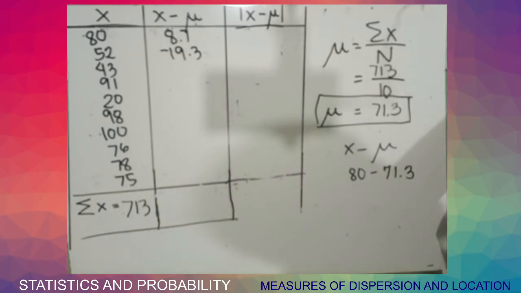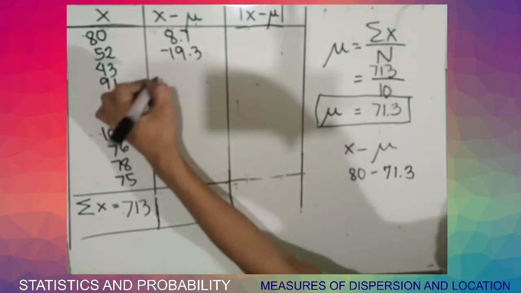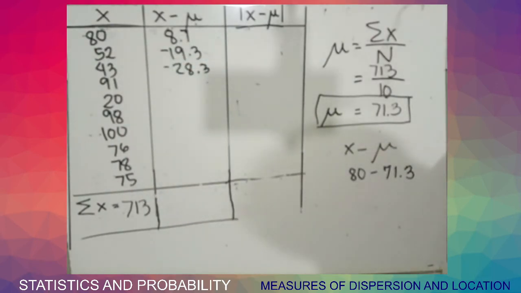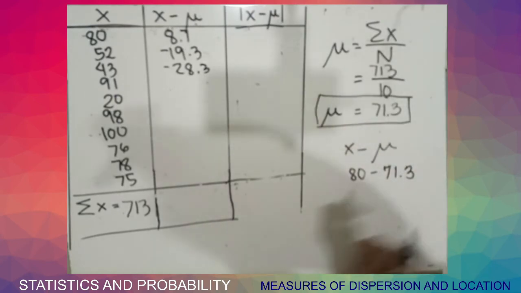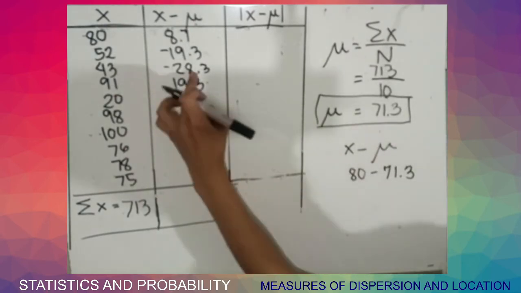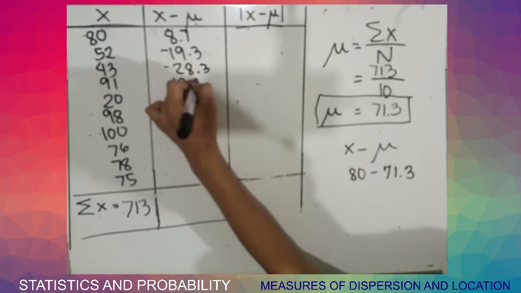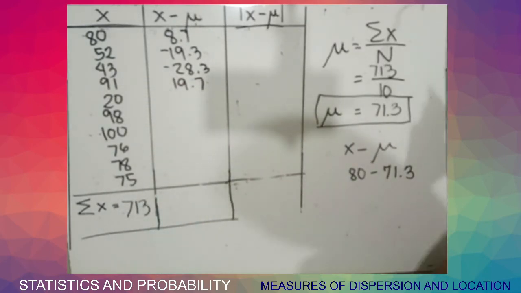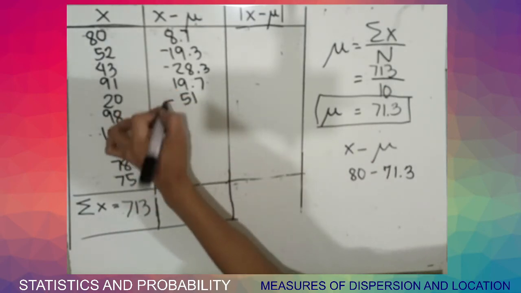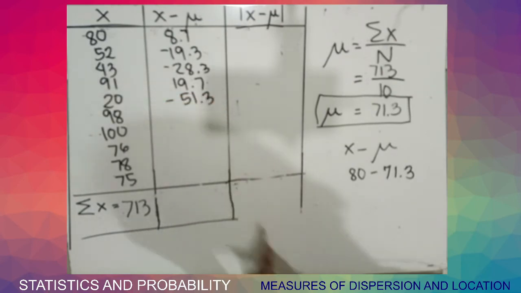Okay? Next, 43 minus 71.3. So it is negative 28.3. Next, 91 minus 71.3. So 19.7, positive. Ay, 7 pala. Next, 20 minus 71.3, negative 51.3. Okay.